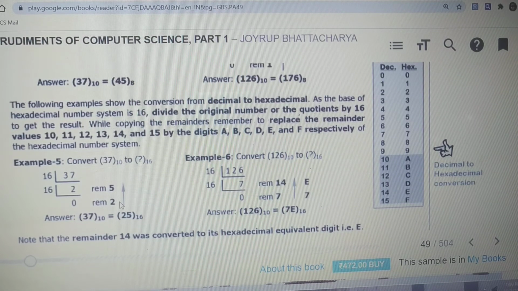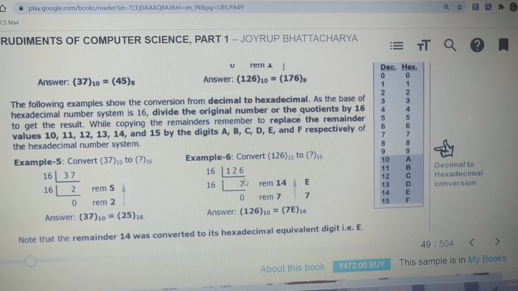Now again coming to the same example, that is 126. 16 sevens are 112, so the remainder is 14.